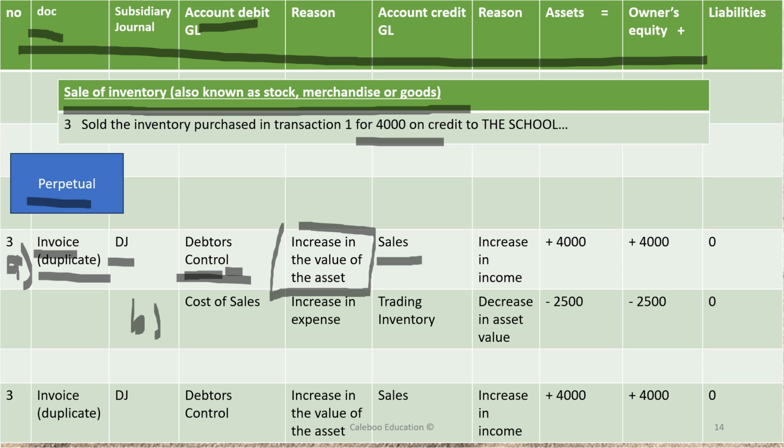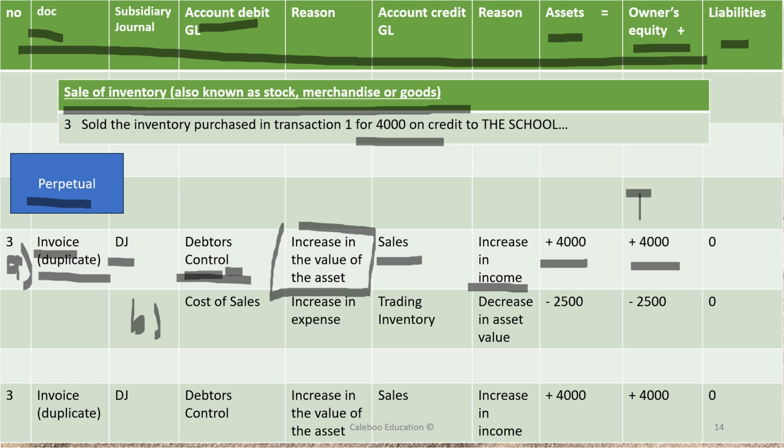The account that was credited was sales, increase in income, and the effect on the accounting equation, plus 4,000 under assets and plus 4,000 under owner's equity.